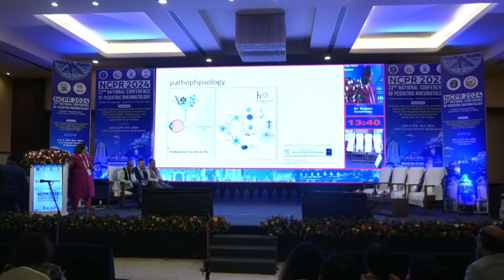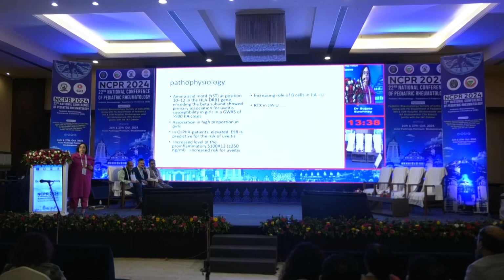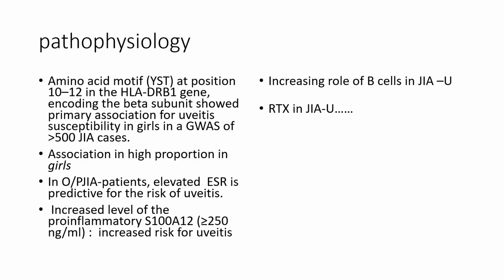What is well understood is that one of the main cytokines driving this inflammation is TNF, and therefore adalimumab seems to be the go-to drug when we run into difficulty. More data is coming out on the genetics, and children, especially girls, with the YST motif in the DRB1 gene are more prone to develop uveitis. In an oligoarticular patient, an elevated ESR and high S100A12 levels make children more likely to develop uveitis.